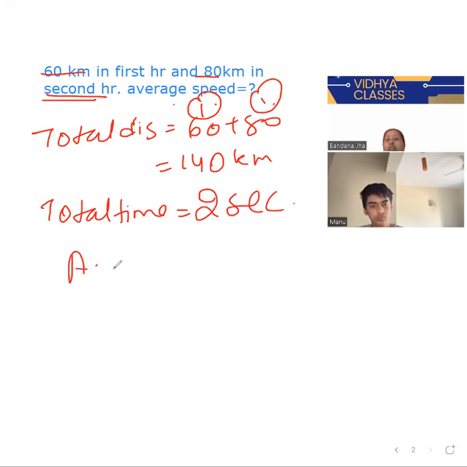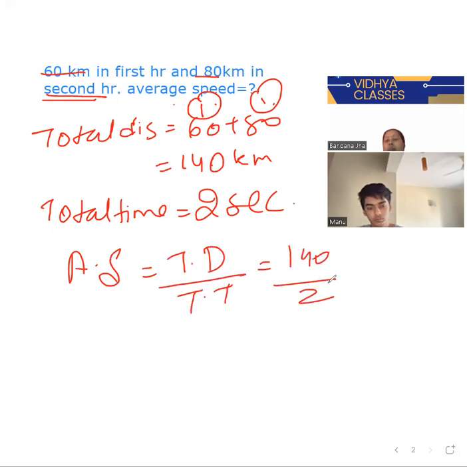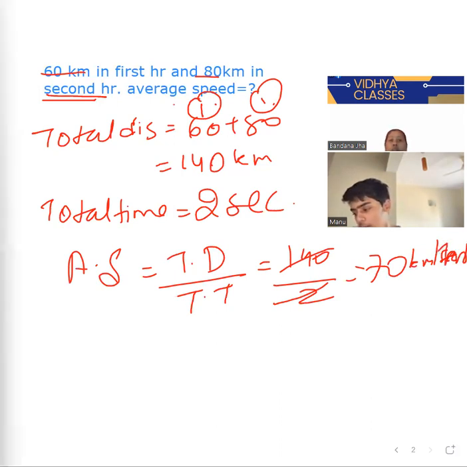So average speed will be total distance upon total time. This is equal to 140 divided by 2. This is equal to 70 kilometer per hour. Okay, fine. The next.